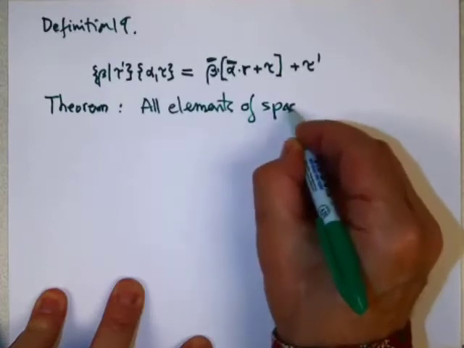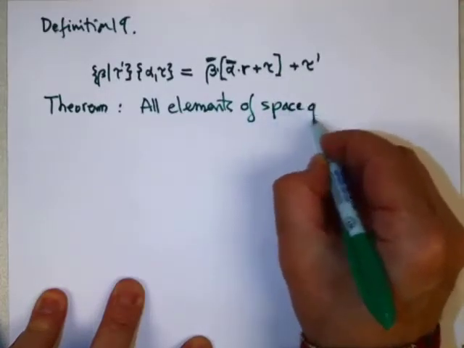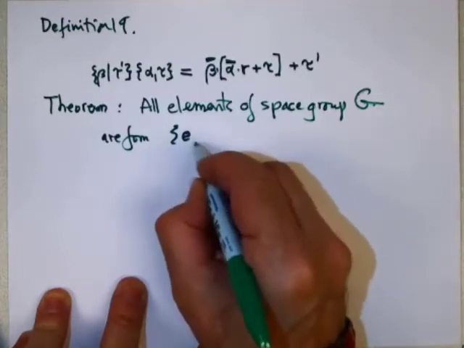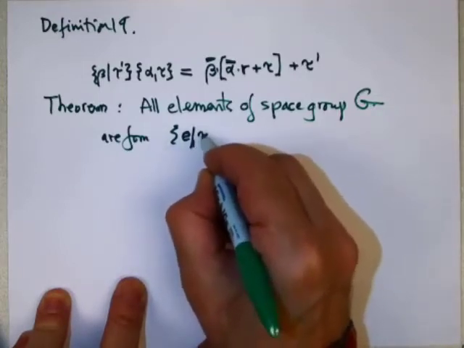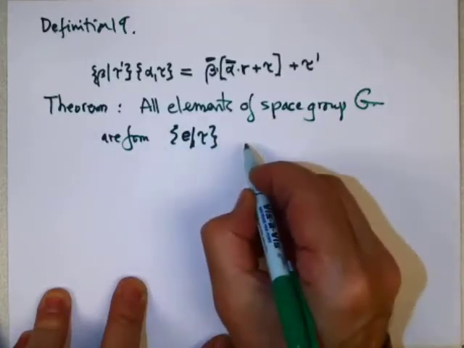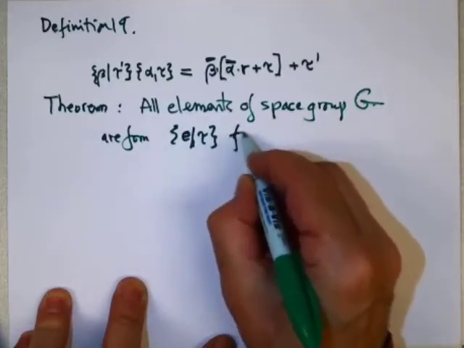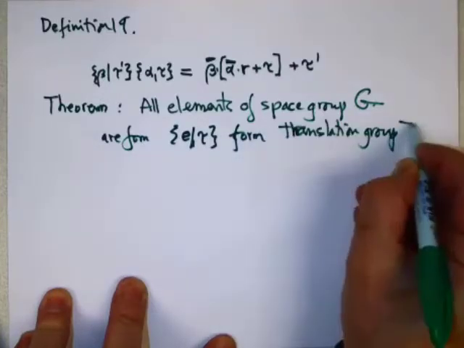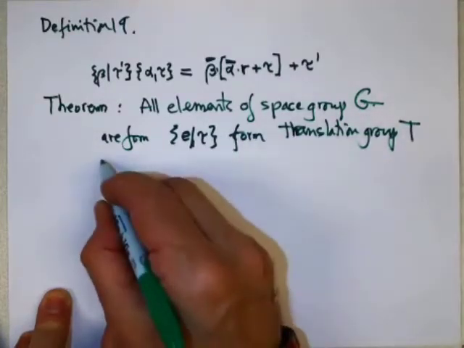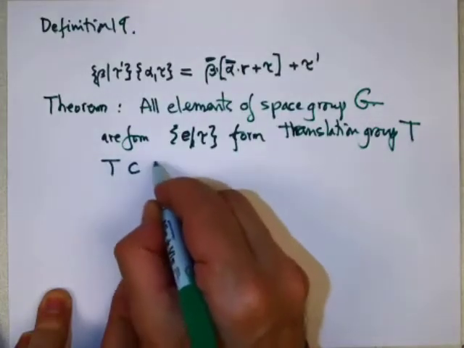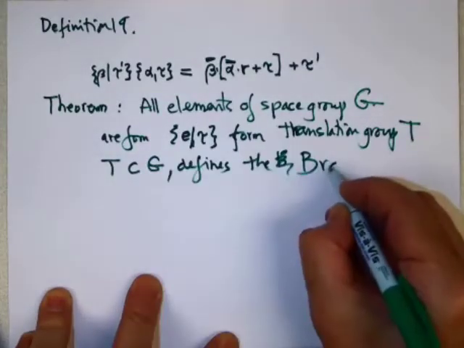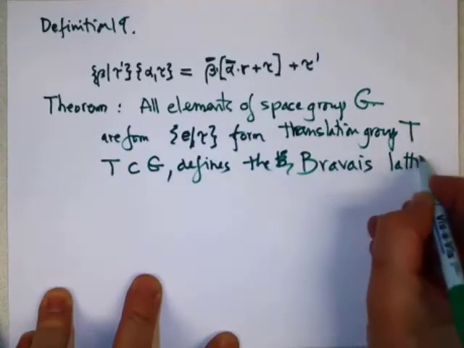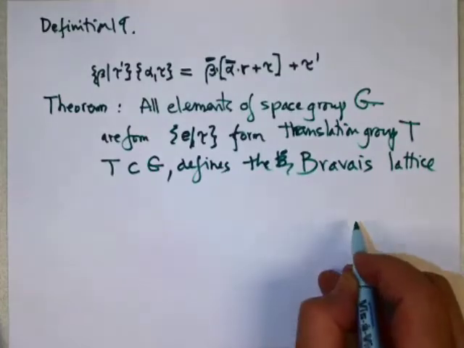All elements of space group G are of form pure translation from translation group, capital T, that's a subgroup of the group G, it's just translations. This translation group defines what's called Bravais lattice.